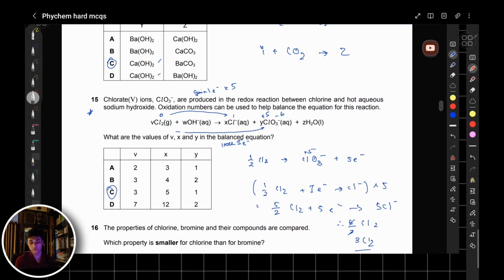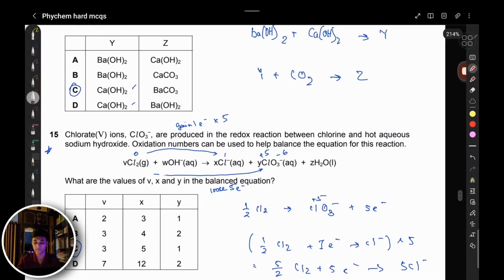Chlorate ions are the products in the redox reaction between chlorine and hot aqueous sodium hydroxide. Sodium is a spectator ion, so they have not written that. They have mentioned only OH-.